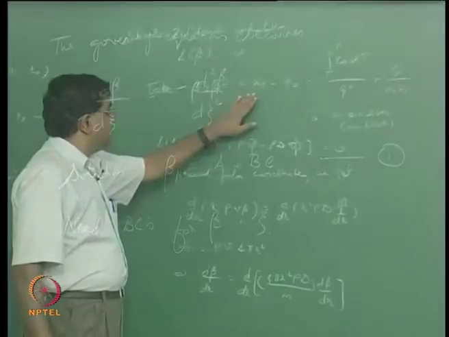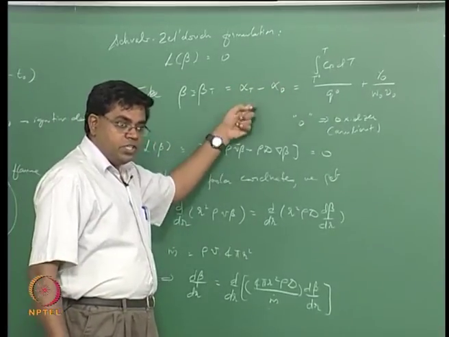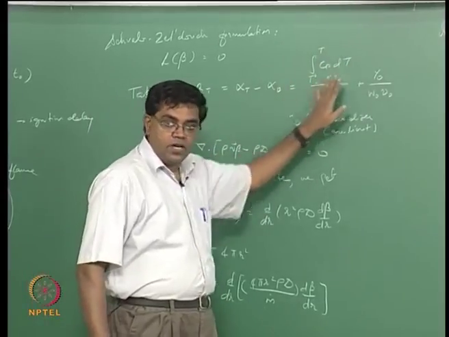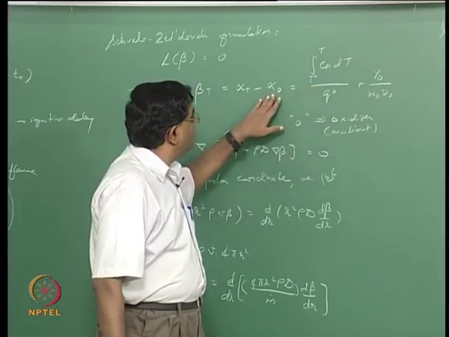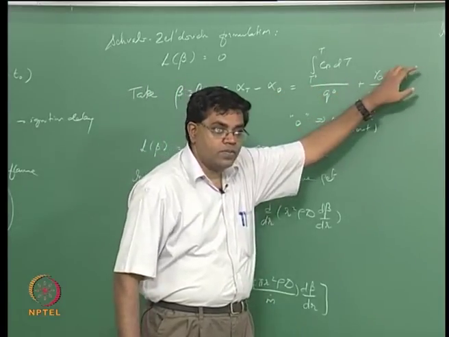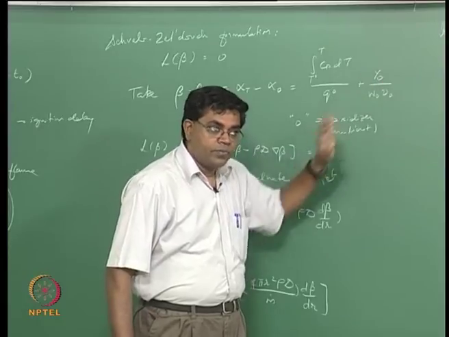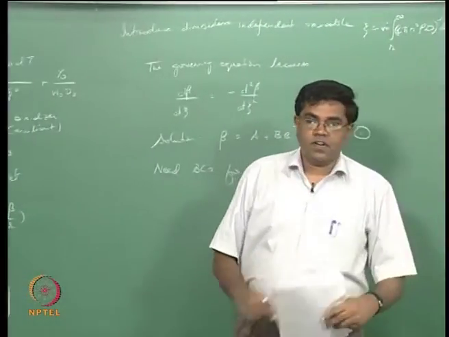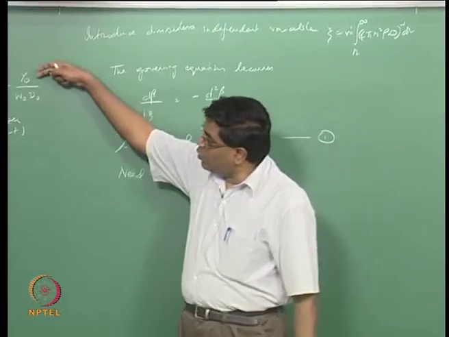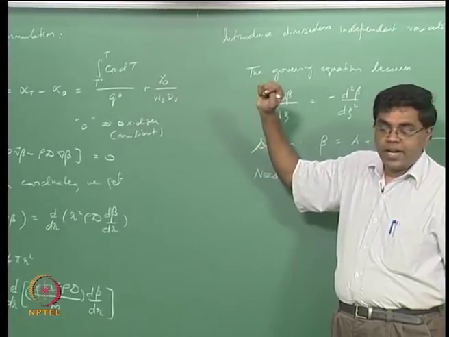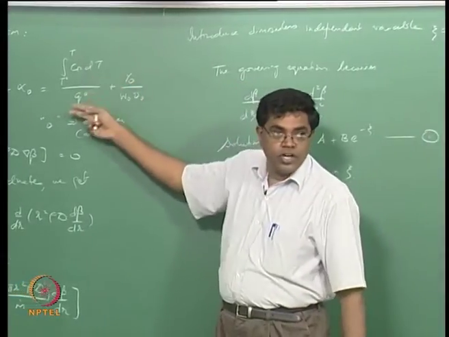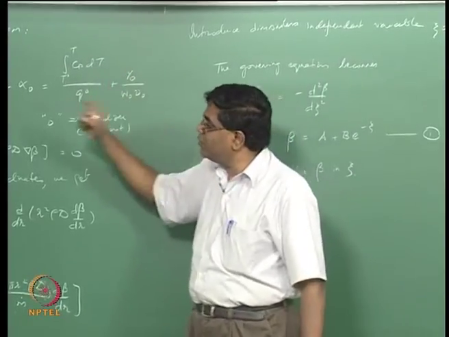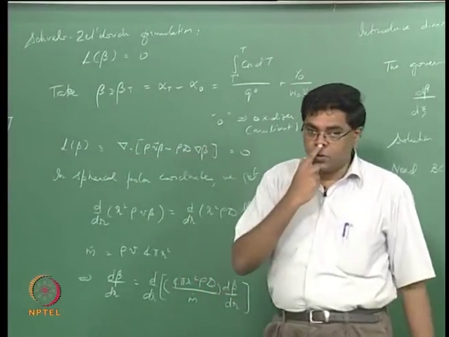Beta is alpha t minus alpha O. Alpha t is this, which pertains to energy balance, right, and alpha O is this, which pertains to YO, which is the mass fraction of oxidizer, right. So if you are able to generate boundary conditions at R equals RL and R equals infinity for YO and temperature or energy balance, then we subtract the one from the other in order to find the boundary condition for beta. So this is the process that we are going to do.